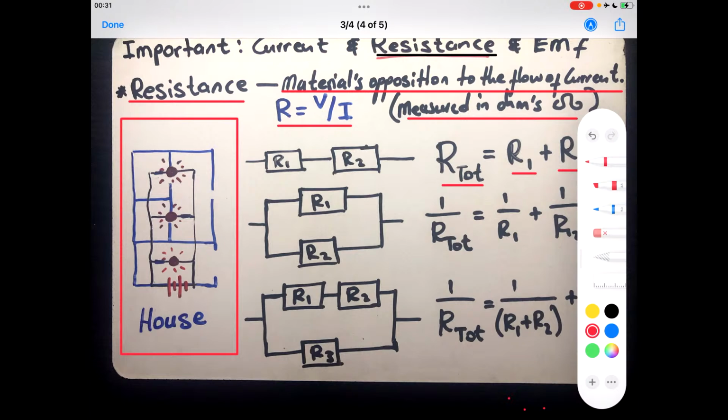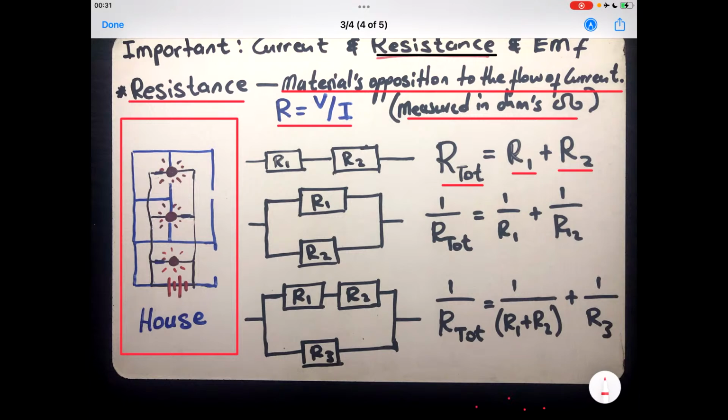So again, R total. What we know is that for a parallel connection, this is the formula. But can you see, within this parallel connection, we have a series connection.